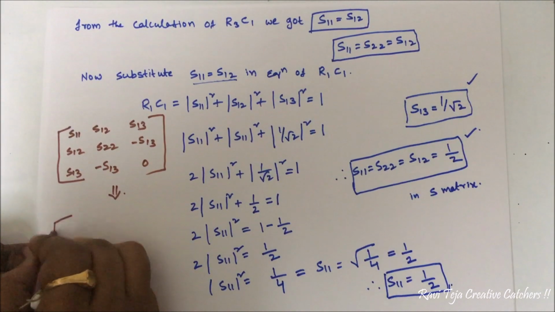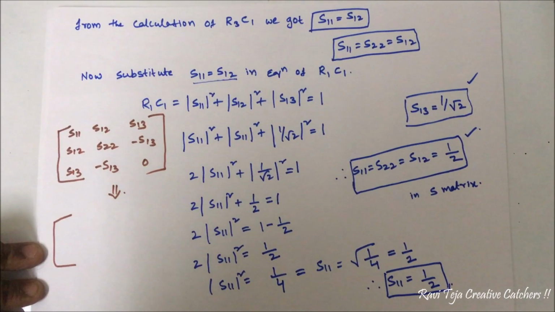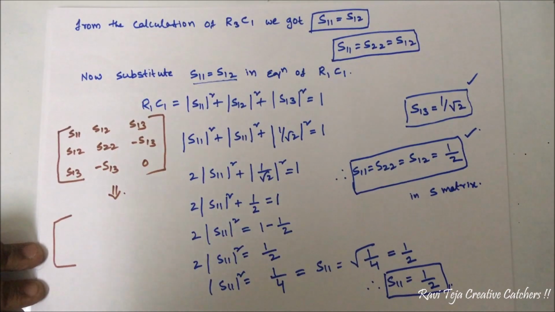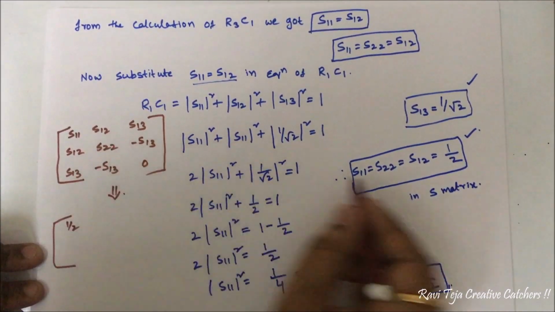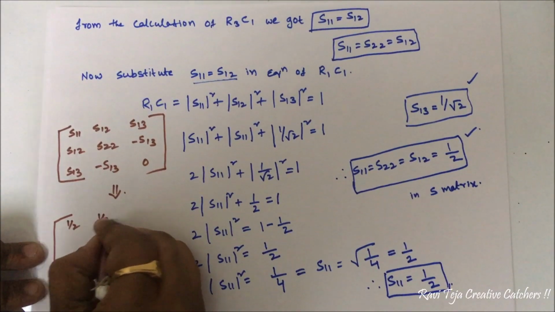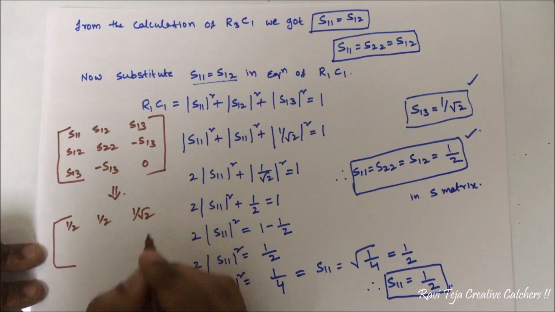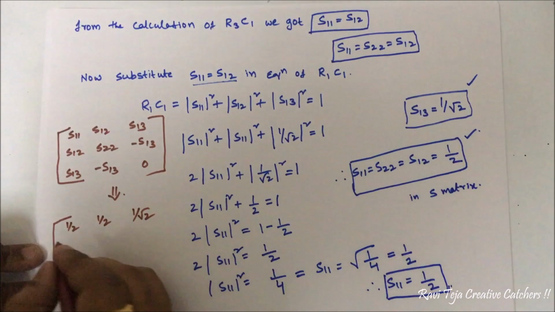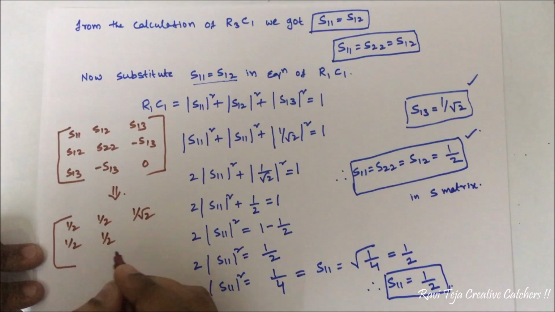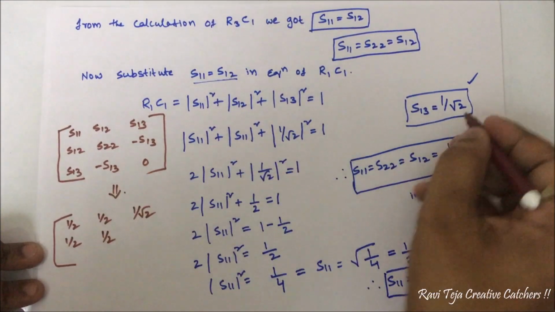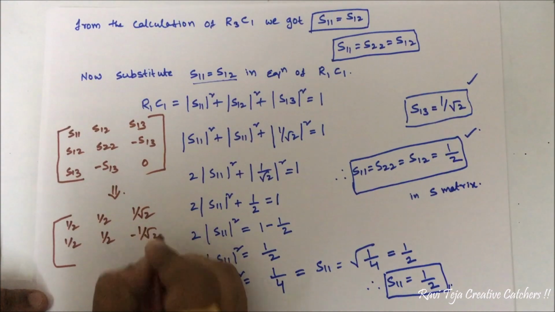Now, substitute all the values in the above S matrix. Our S11 is 1 by 2, S12 is again 1 by 2, S13 is 1 by root 2, our S12 is 1 by 2, S22 is again 1 by 2, minus S13 is minus 1 by root 2.